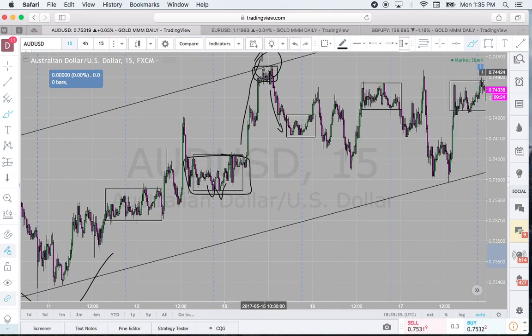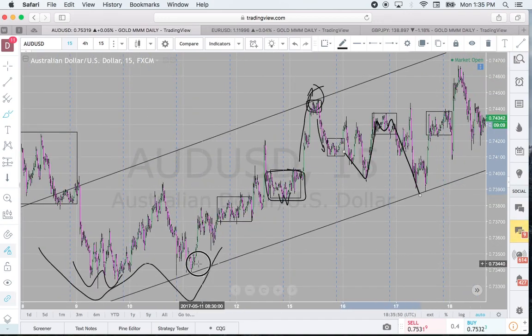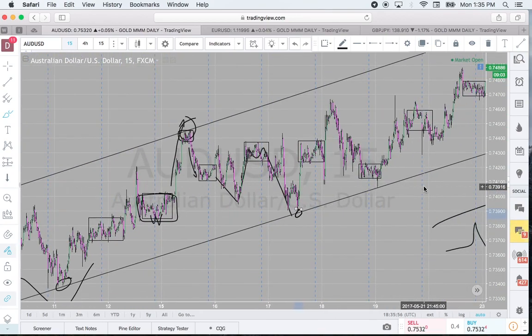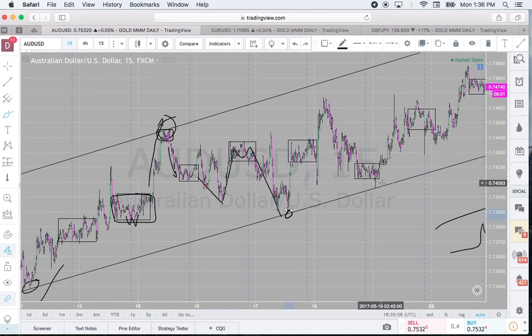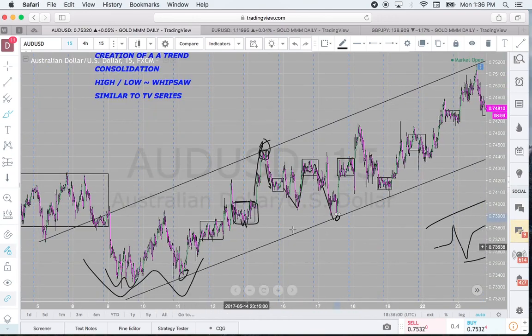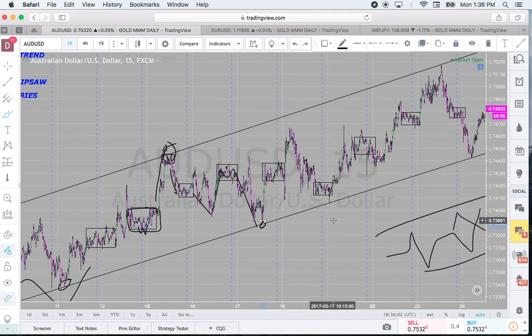Hit the high, come off of the high, consolidate, hit the low, come off of the low, consolidate, create a new low in line with the trend so that retail traders can graph out their pretty little trend lines.